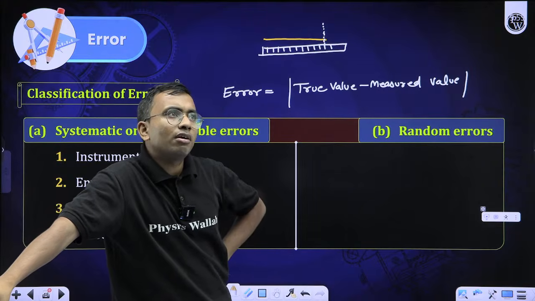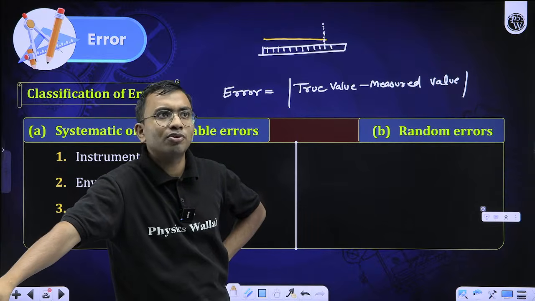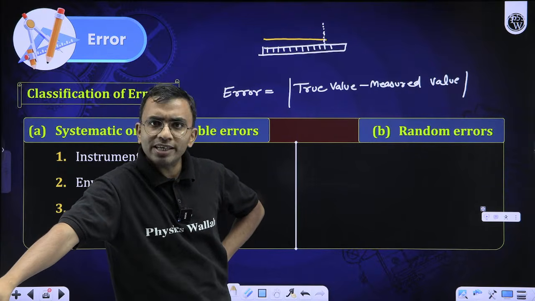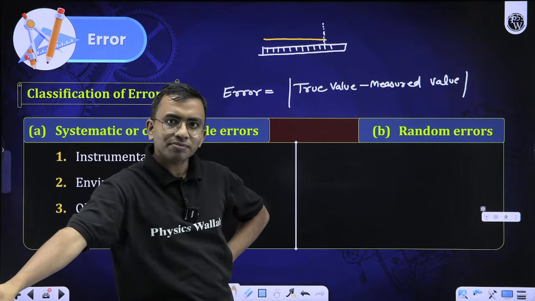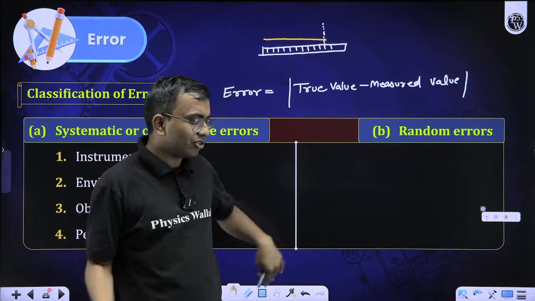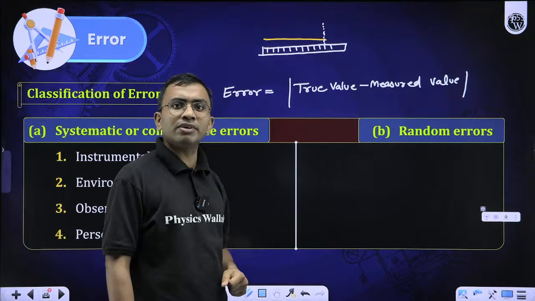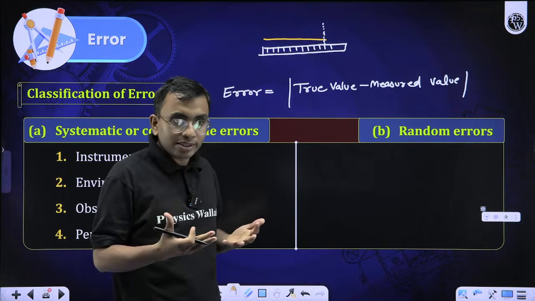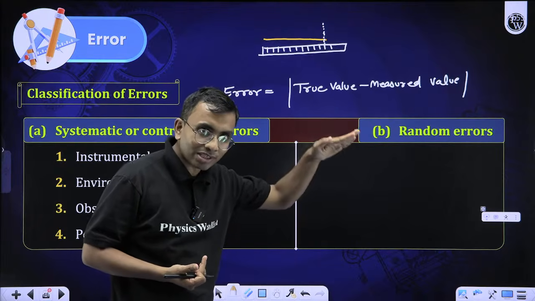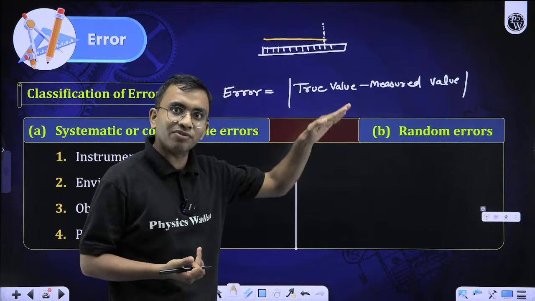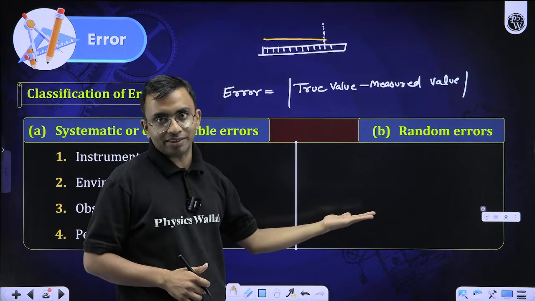Like, you are doing some experiment where the frequency of voltage, the source which is coming, needs a particular frequency, and generally there is hardly any change in that frequency, but all of a sudden in one of the readings there was a slightly more fluctuation in the frequency, due to which the error came in the final reading. It may happen.